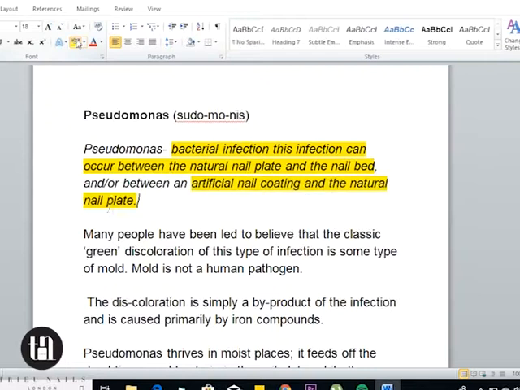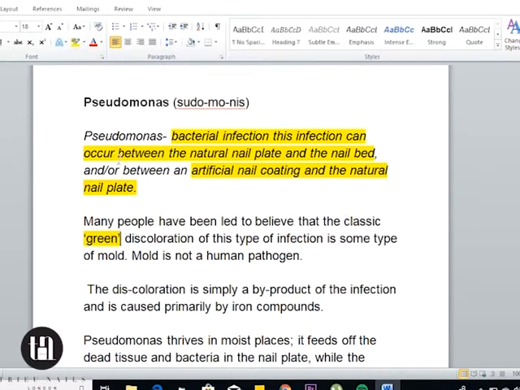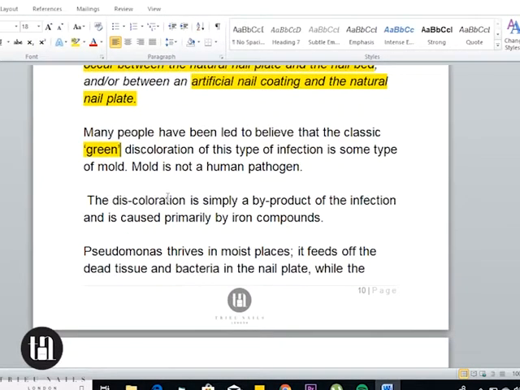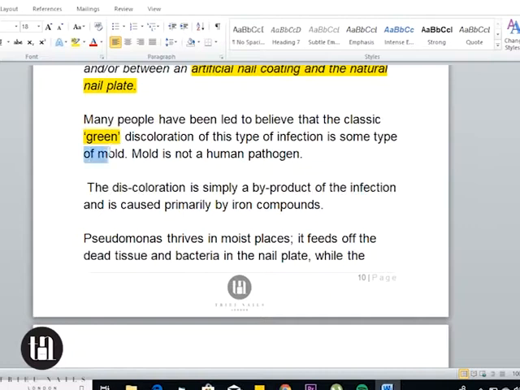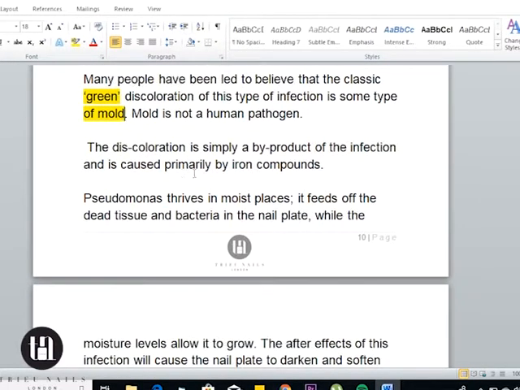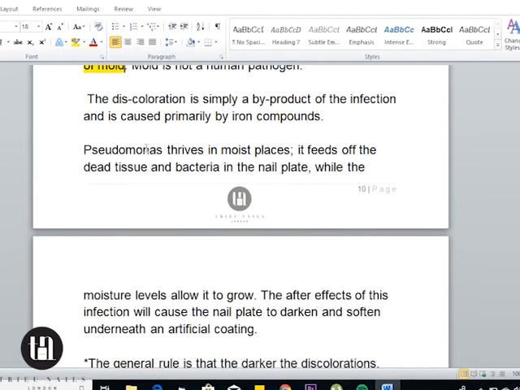It usually leads to green discoloration, could possibly lead to other coloration such as blue, and is generally some type of mold. Pseudomonas thrive in moist places. It feeds off dead tissue and bacteria in the nail plate, while moisture levels allow it to grow.